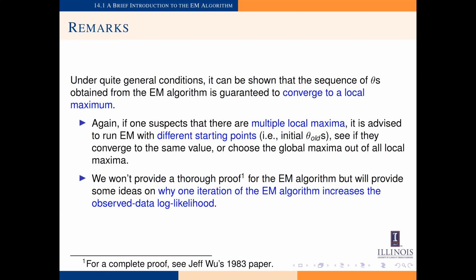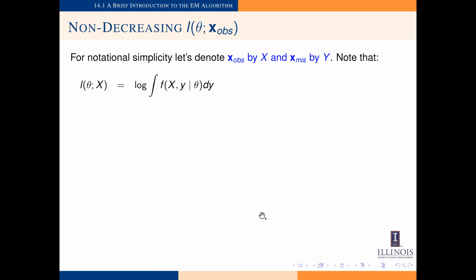But here I will try to provide some ideas on why one iteration of the expectation and maximization cycle can increase the observed data log likelihood. For notational simplicity, let's no longer write x obs, but just write it as x. So x is our observed data, and y is the missing data that we do not observe.